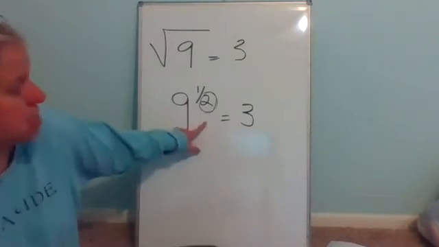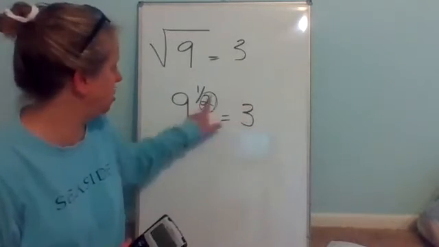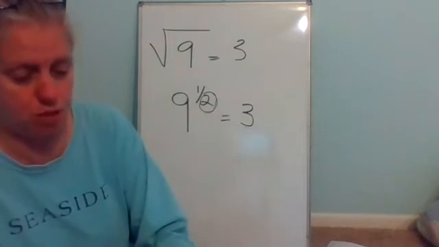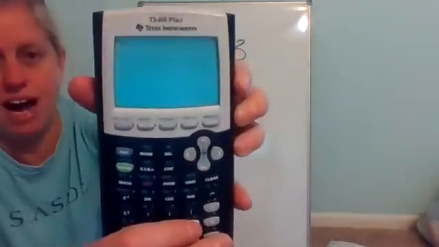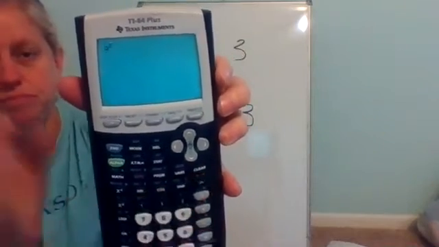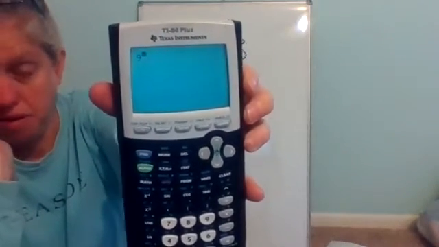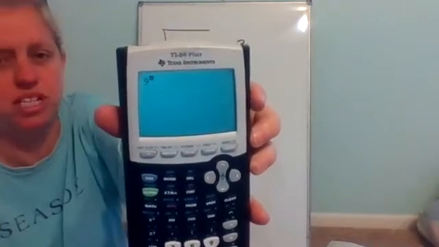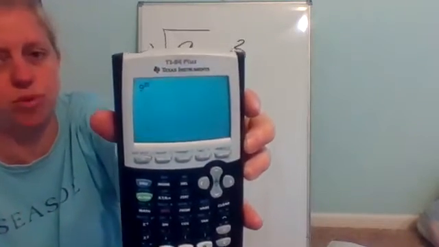You could actually still do this in your calculator, right? I know how to go up into an exponent. So you would just type in 9, go up into your exponent. Now, to be safe, on the TI-84, you don't have to put the parentheses around it. I can't remember about the 83.